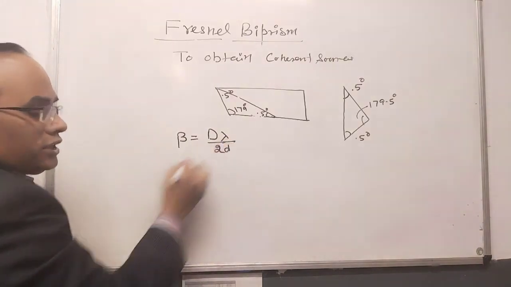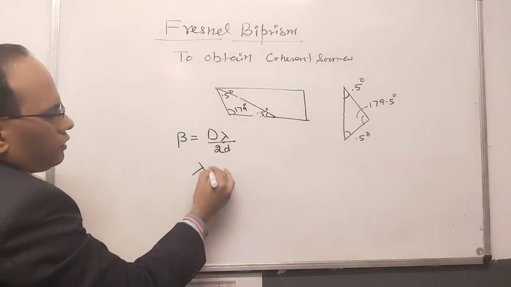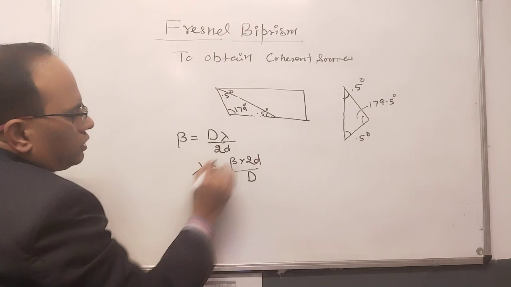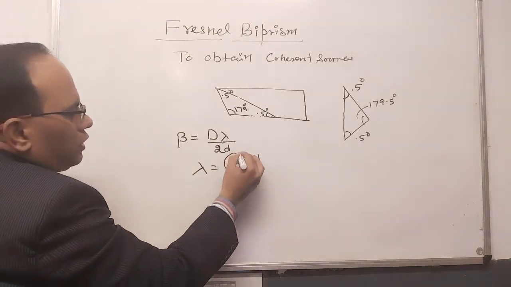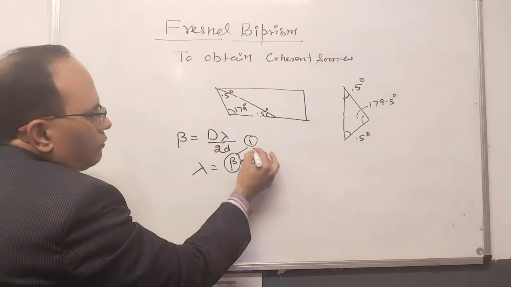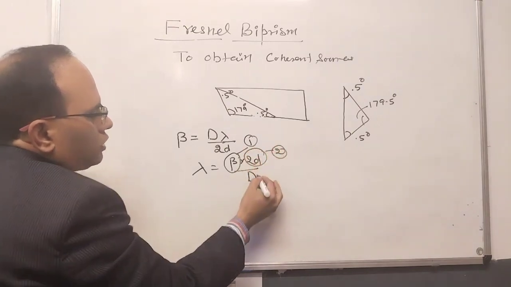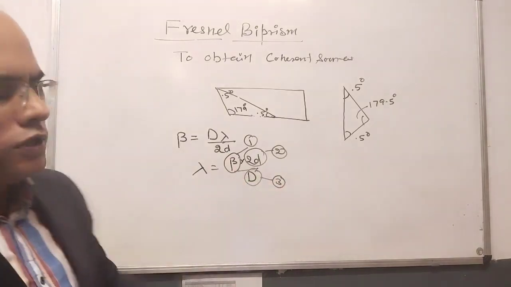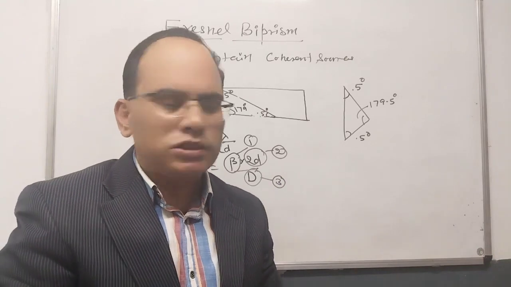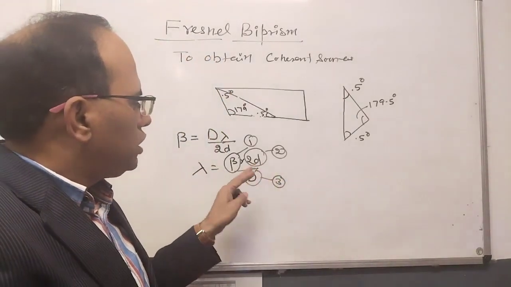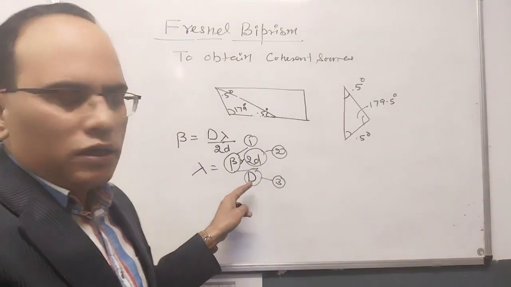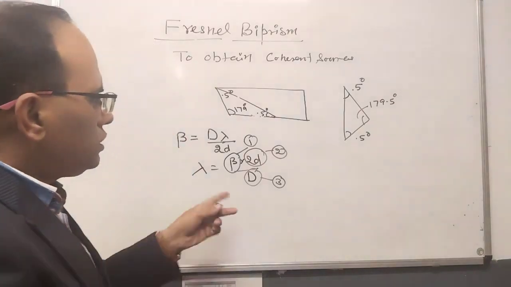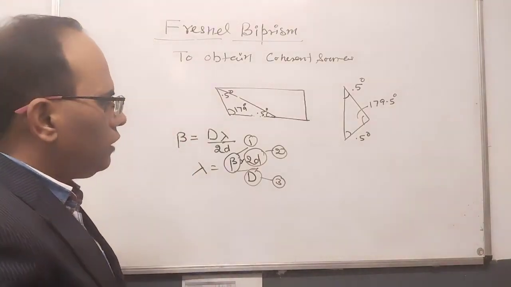So if we want to calculate the lambda of the given source, lambda equals beta into 2d upon D. Now there are three quantities: fringe width beta, 2d, and D. If we know the values of fringe width beta and the distance between the two coherent sources, small 2d, and also the distance between the source and the screen, capital D, we can calculate the wavelength of any given source. First understand the diagram, then we calculate the wavelength of the given source.